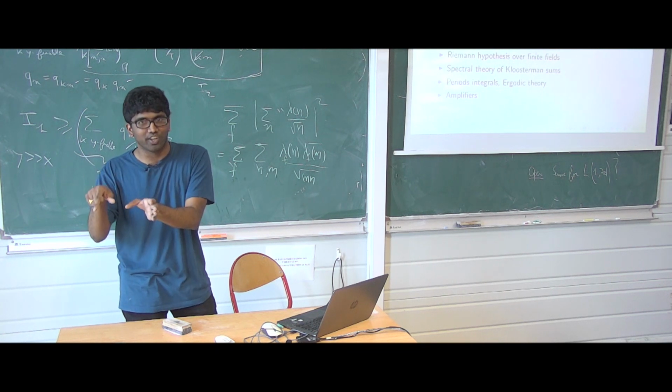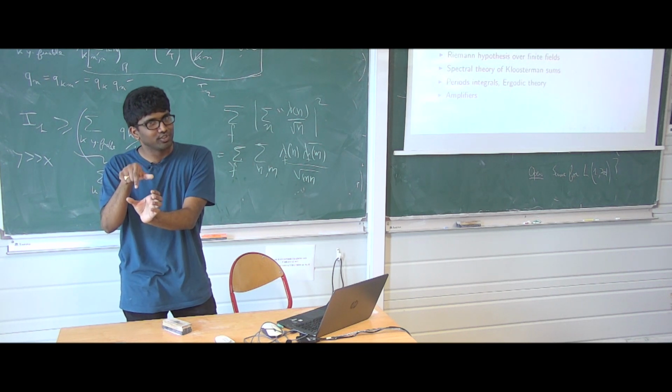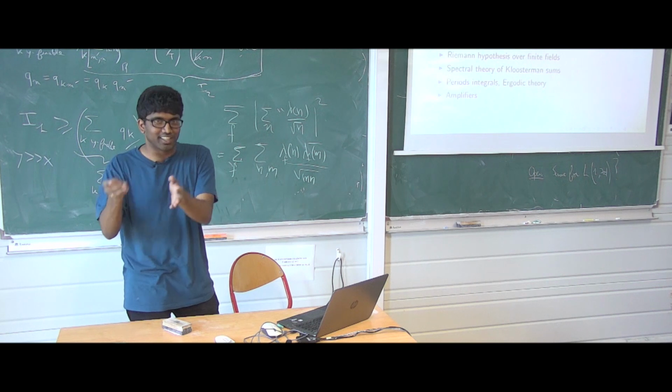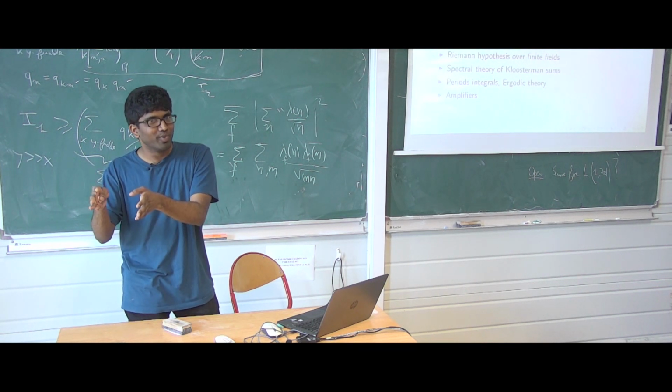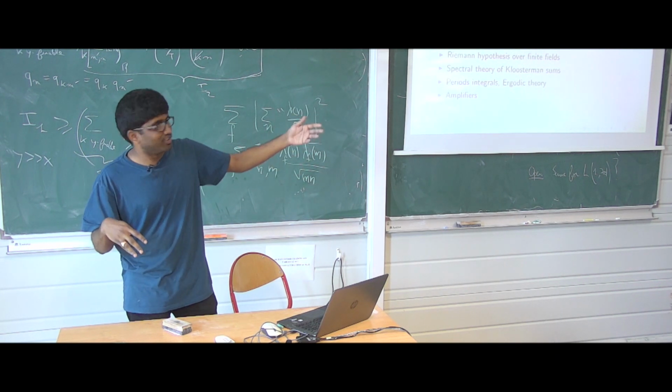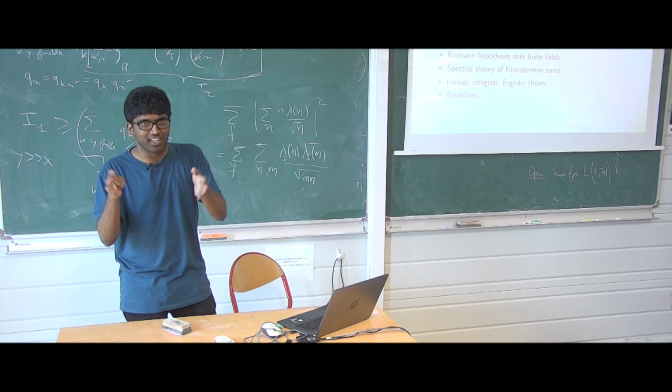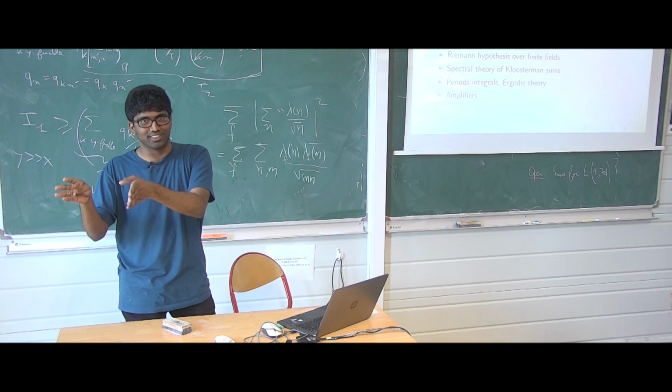But there are these error terms that you have to take care of, and understanding these error terms is basically the whole game. So the spectral theory of Kloosterman sums, showing that they are small, is in some sense showing that the error terms are small.